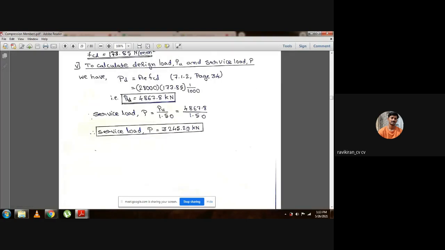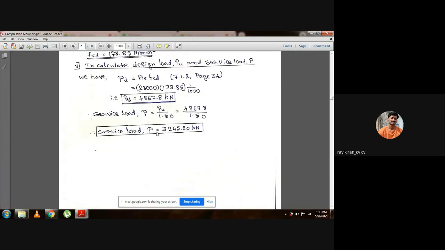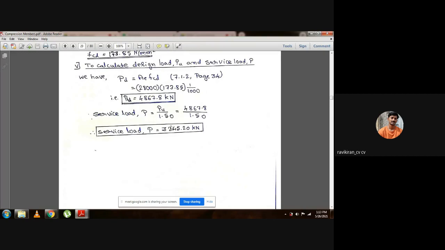That is 3245 kilonewton. So what is asked in the question is calculated or found now. Do you have any doubt in this problem? Any step? You can ask me.